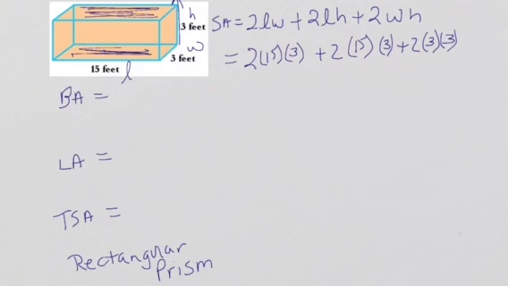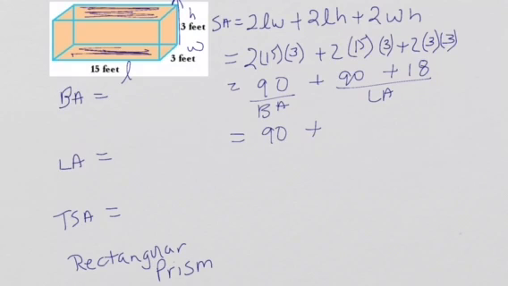Now, what I'm going to do here is go ahead and multiply. So I'm going to get 90 plus 90 plus 18. So the first 90 is my base area, and then I'm going to add these 2 numbers together, the 90 and the 18, to get my lateral area. So I'm going to have 90 plus 108. 90 again is my base area. 108 is my lateral area.